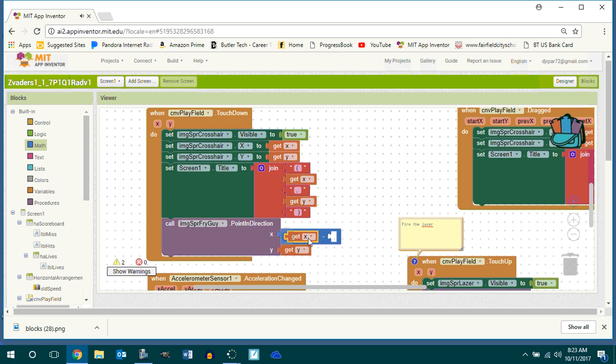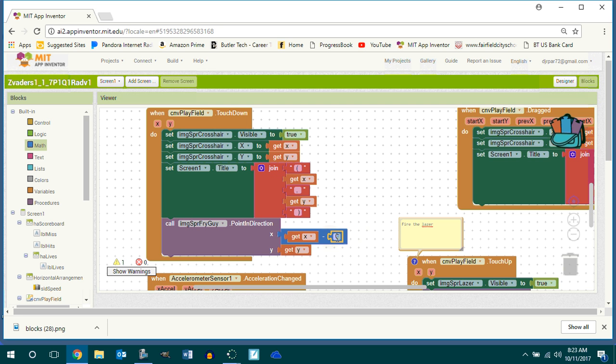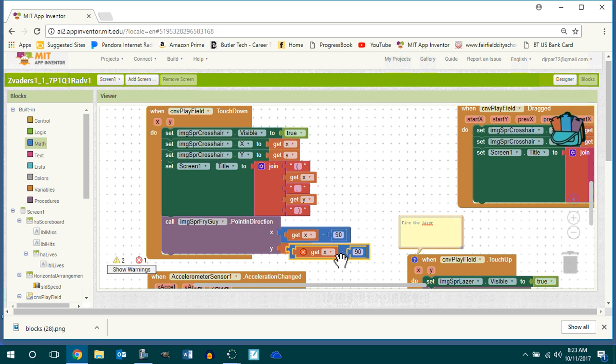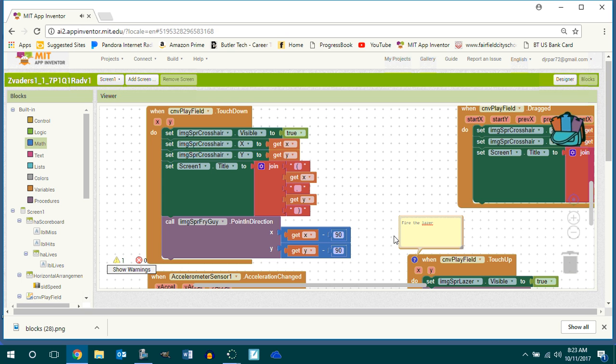Yeah, like 90 degrees. The original direction is always 0, facing east, and ours is already facing 90. So you're already 90 off. So I'm going to subtract off this 90, and I'm going to see if that fixes my heading.